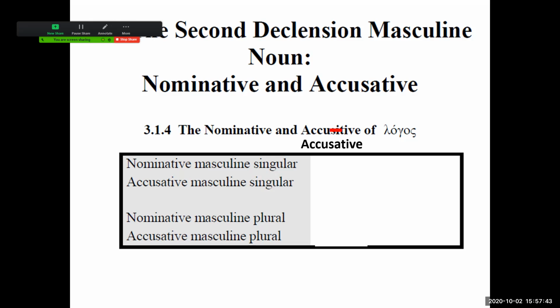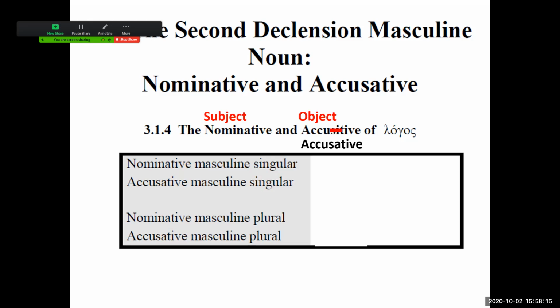It will be in what is called in Greek grammar the nominative case. We're going to have 5 cases, and we're going to have singular and plural. So 10 forms. Actually 8, because 2 of them will kind of drop out of sight. They won't be as important. But 8 will be important, and we'll have to know and recognize them.